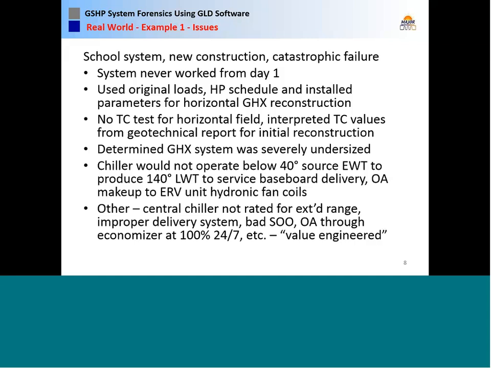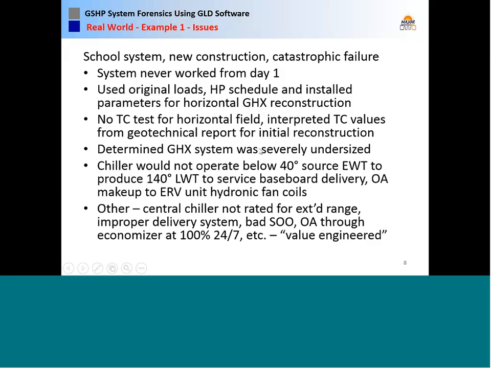we identified as a problem right from the get-go, because one, the chiller was never designed or intended for extended range operation, and the design called for 140-degree leaving water temperature to baseboard, which, as most of you that have dealt with ground source heat pump systems know, you've got to design the delivery system to match the capability of your plant or your heat pumps.